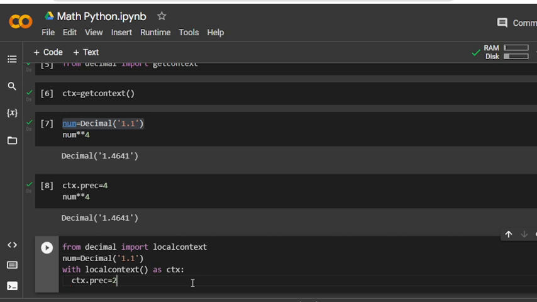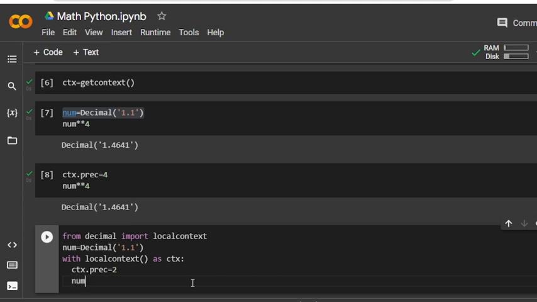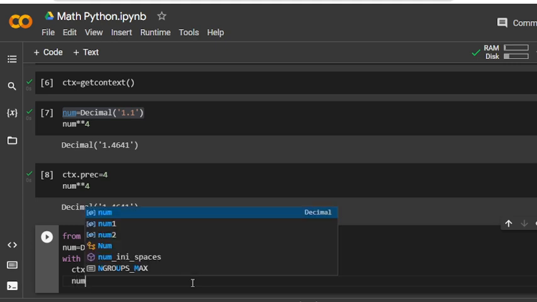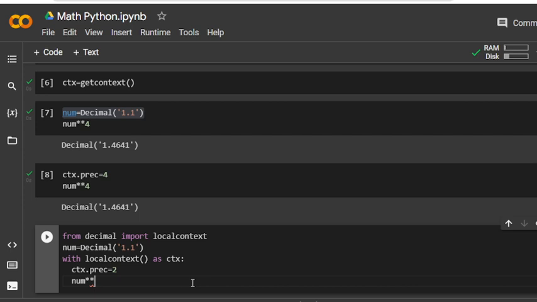And in num, to the power 4, like a decimal.